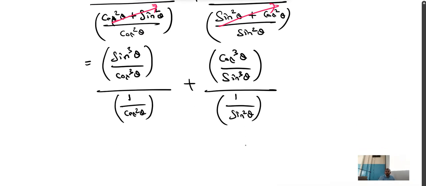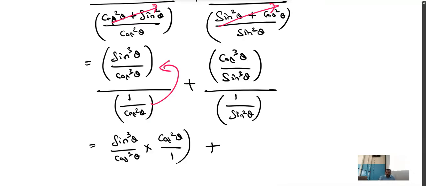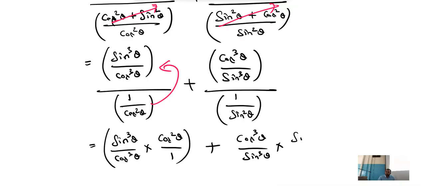Sure? Next, can we take this complete term to the numerator? Then what does it become? Sin cube theta by cos cube theta into 1 by cos square theta goes up, it becomes cos square theta by 1. Correct? Complete term. Again here, cos cube theta by sin cube theta into 1 by sin square theta goes up, it becomes sin square theta by 1.